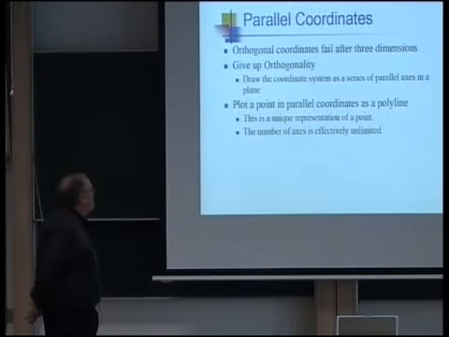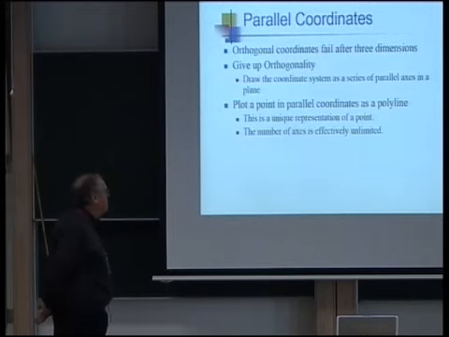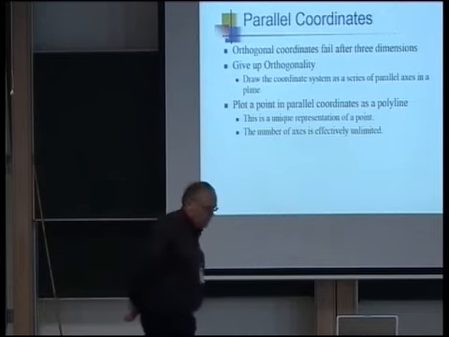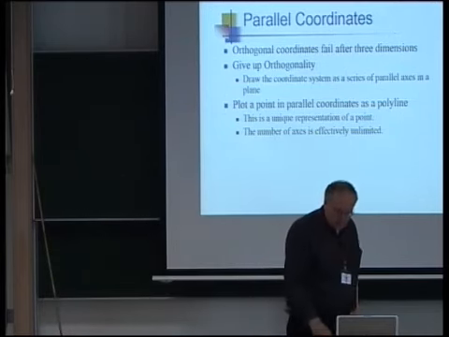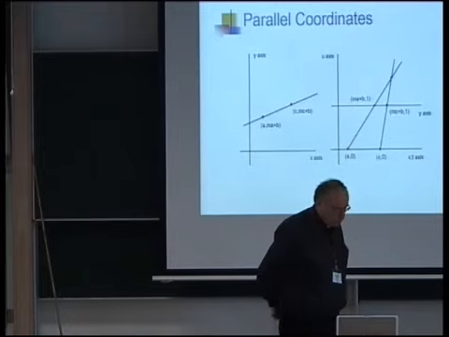The idea then is to plot a point in multi-dimensional space as a polyline, and I'll show you how that works in a second. It turns out when you do this, it's a unique representation of the point in multi-dimensional space. In essence, except for real estate on the computer screen, the number of axes is essentially unlimited, so the dimension is not really so much of a problem.